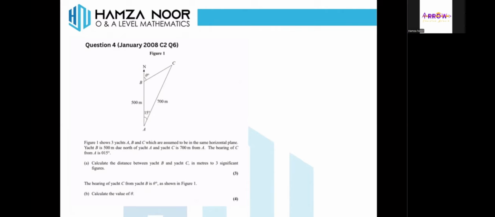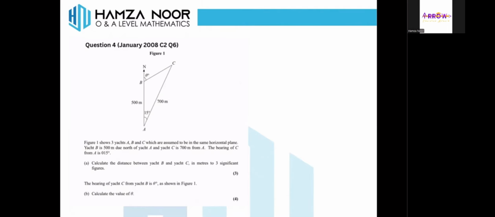This particular subtopic of trigonometry was earlier tested in C2, the old specification UK C2 paper. Since the introduction of International A-Level at Edexcel P1, this subtopic is now tested in P1 Pure Mathematics 1. So let's start with this question.